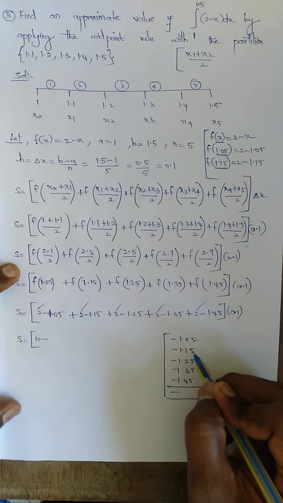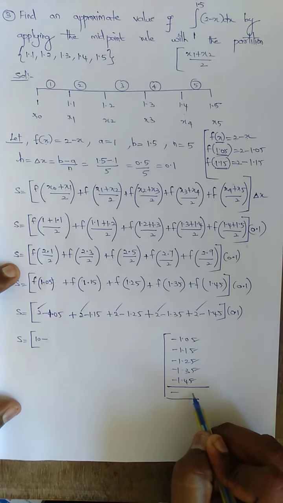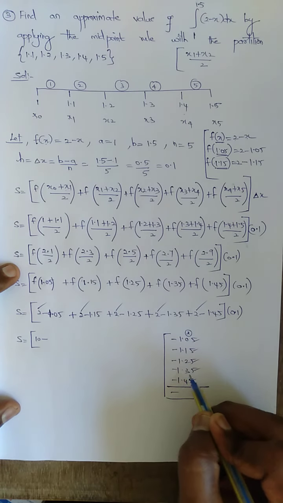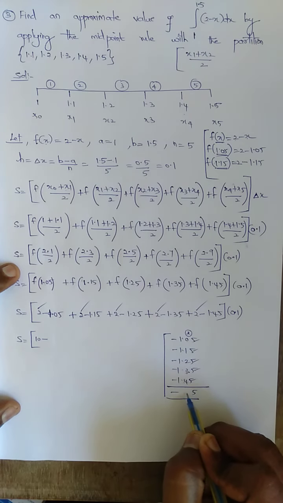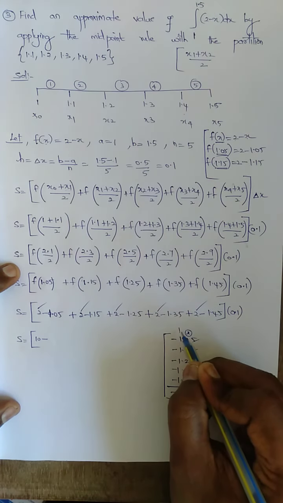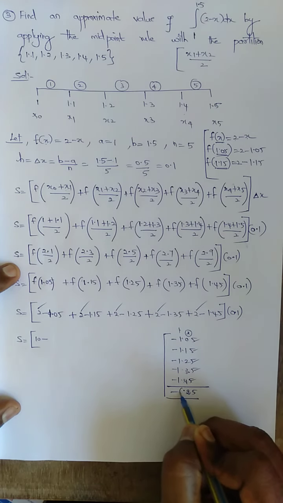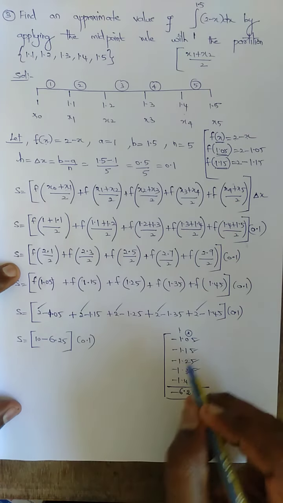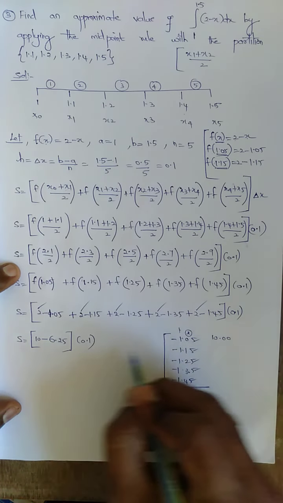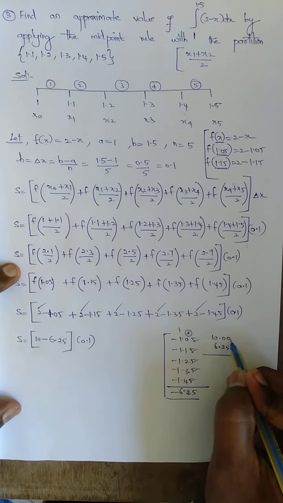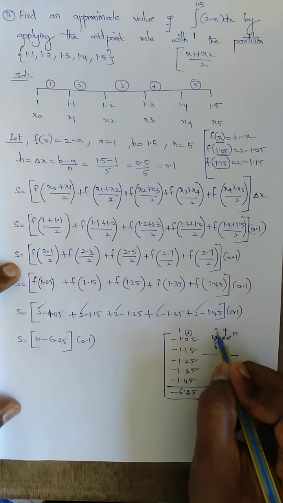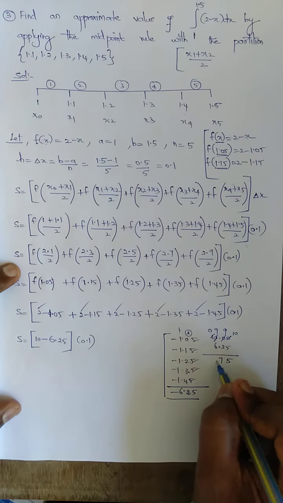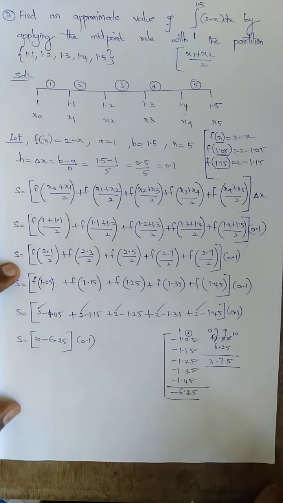The sum of these is 6.25. So 10 minus 6.25 is 3.75.